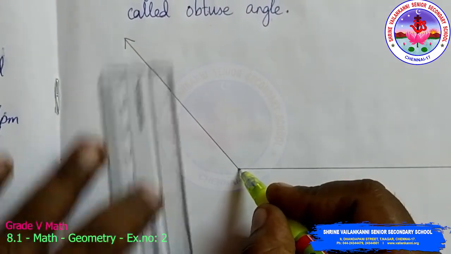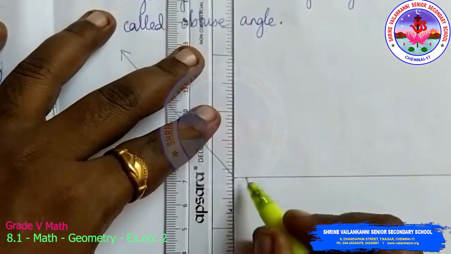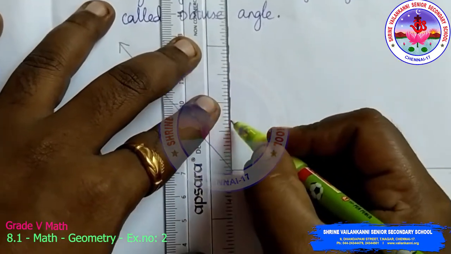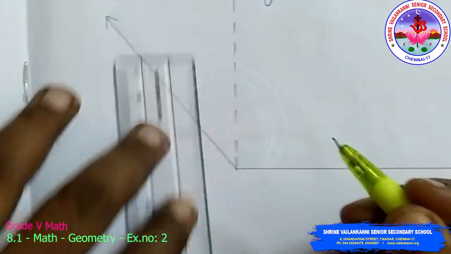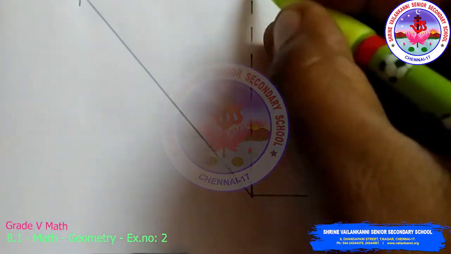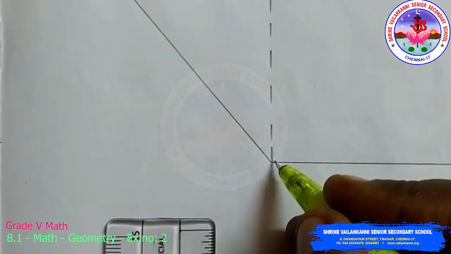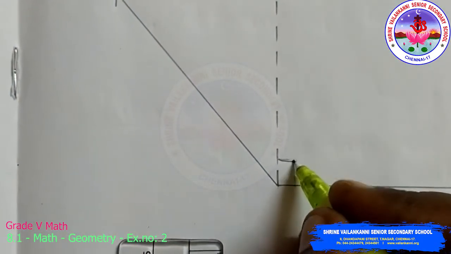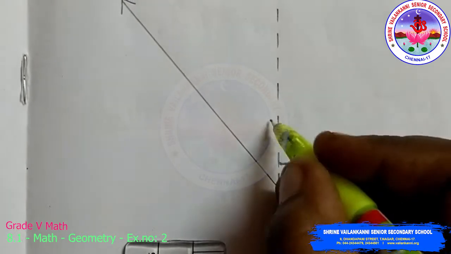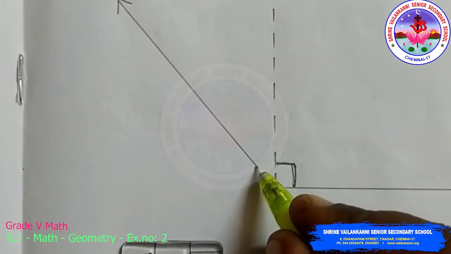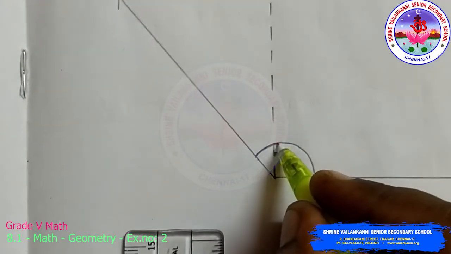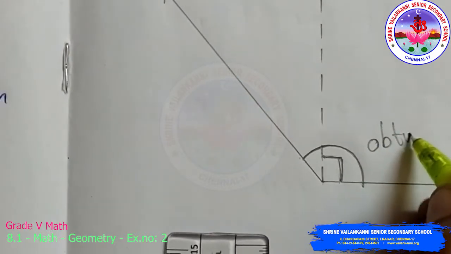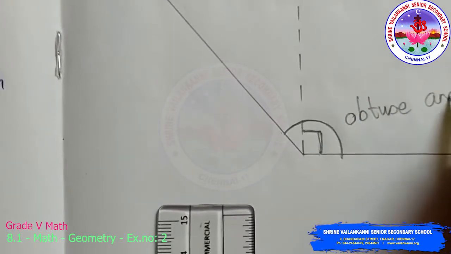Now this is the sleeping line, and this is the standing line. If you see, I have drawn a dotted line. This is the standing line, which is the vertical line, which is 90 degrees here. So the angle greater than this, this complete angle, is said to be an obtuse angle.